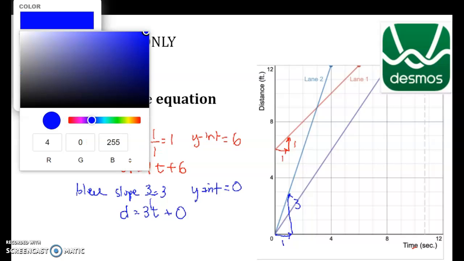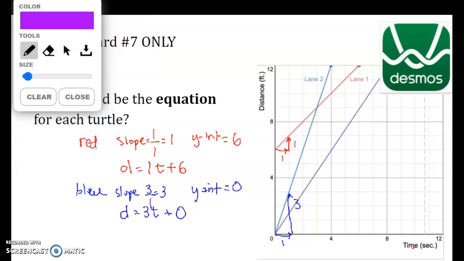Then finally let's do the purple turtle. What is the y-intercept? It's 0 again. And what about the slope? Well, we don't want the approximation, so we want to figure out where I can pick. This would be a good point to use as the slope triangle.